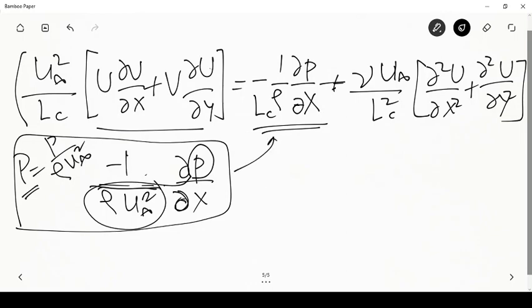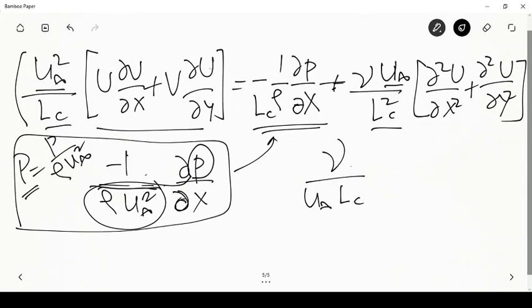What happens here? The u infinity by LC, if I take it this side, one LC would get cancelled because there are two LCs here and there's only one here, and similarly there are two u infinities here and there's a single u infinity here, so one would get cancelled. So if I take it to the other side, I get nu divided by u infinity into LC.